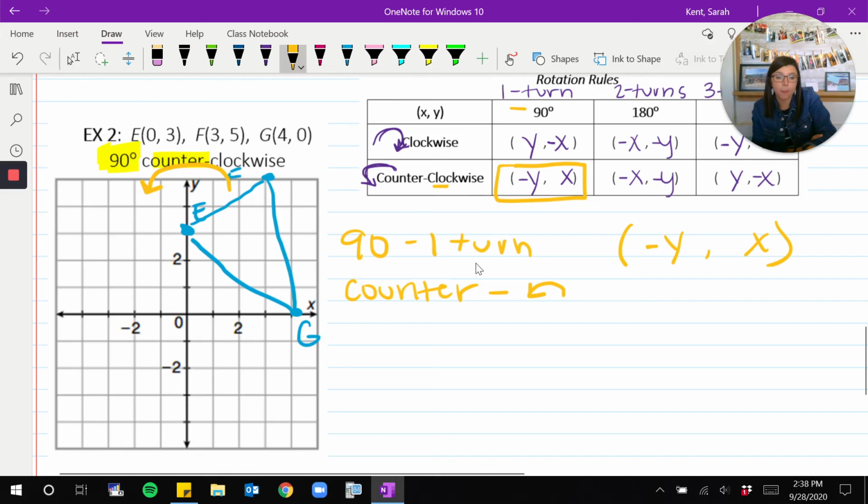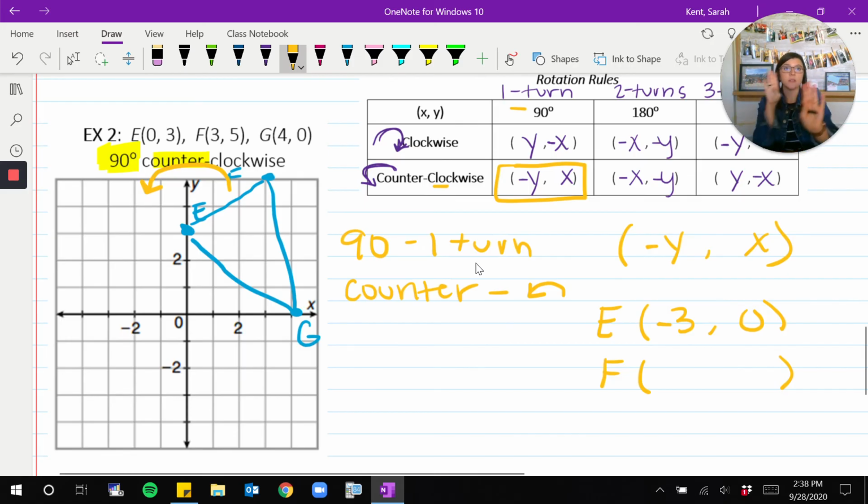So here for E, originally it's 0, 3. So for my new E, I'm going to write 3, 0. So the X and Y switch. And then Y, since this is positive, it's now negative. For F, I start at 3, 5.